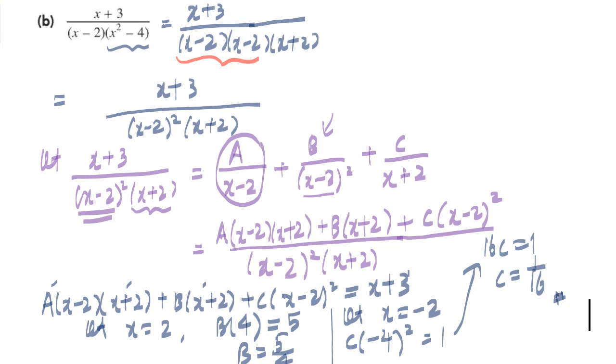Then I can use any other values of x except for 2 and negative 2, because you already used x equals 2 and you already used x equals negative 2. You're not going to reuse them because it will not help you get any new information. So we're going to let x equal 0.